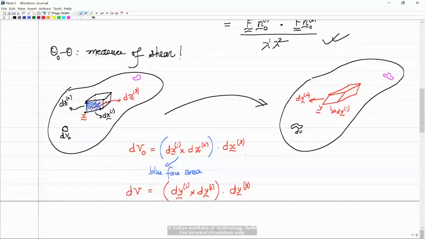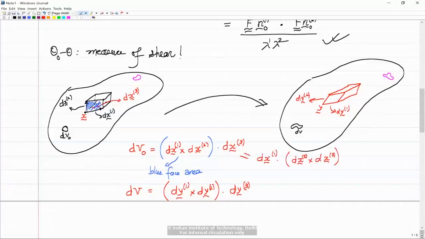For example, this is same as dx1 dot with dx2 cross product dx3, isn't it? It's now a different face multiplied by the height.